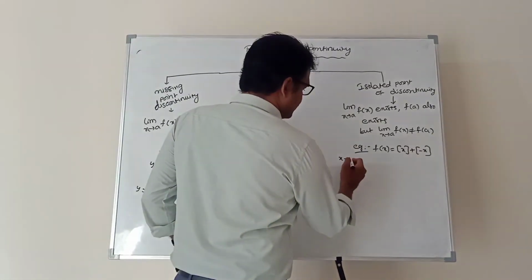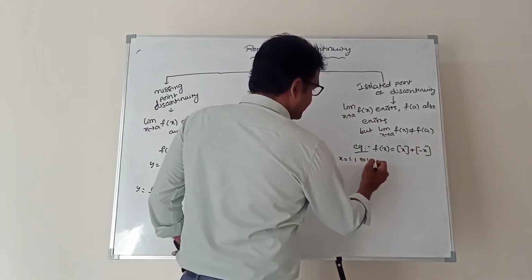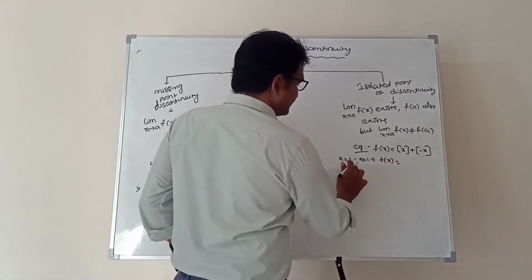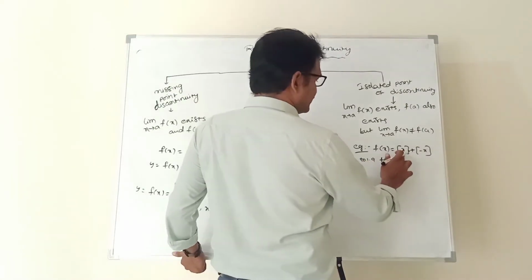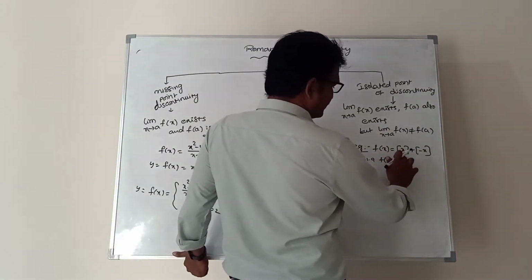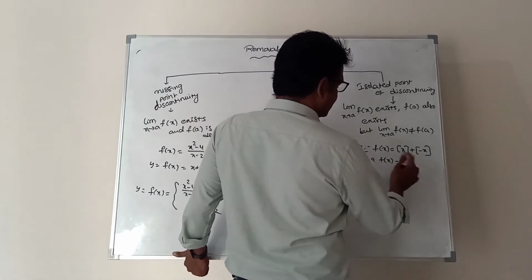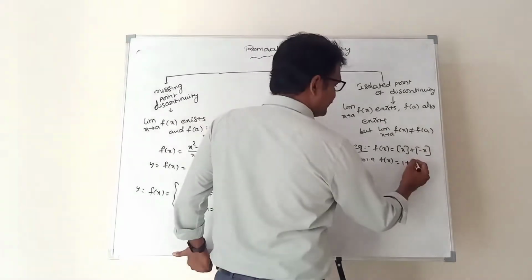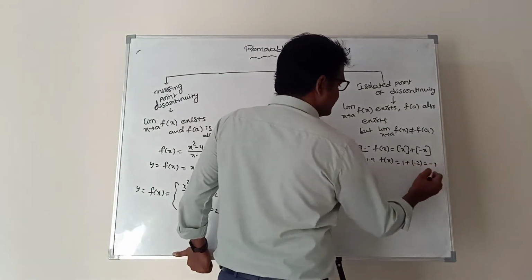Suppose x is from 1.1 to 1.9. If I give 1.1, then step of 1.1 is 1, plus step of -1.1 is -2. 1 plus -2 is -1.